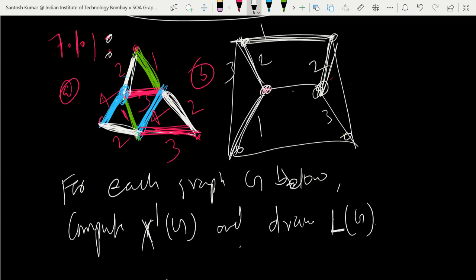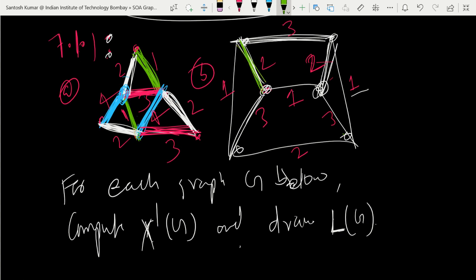And here I can take 1, okay, 2 3, fine, and you can give here 3, you can give here 2, and you can give here 1, you can give here 3, 1 and 2, and 2, fine.